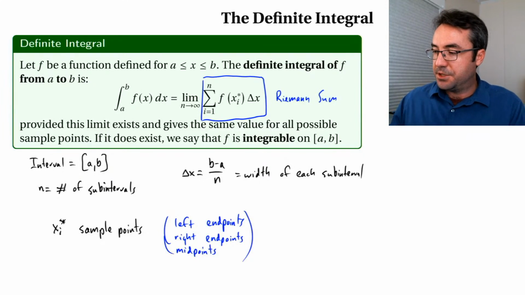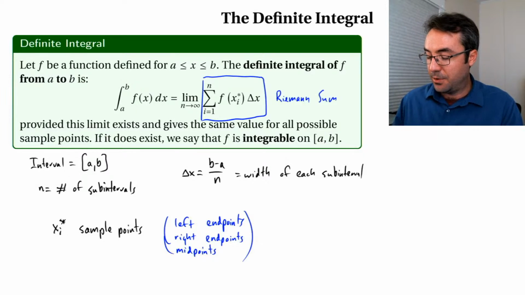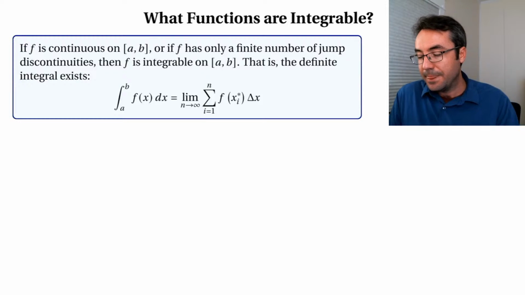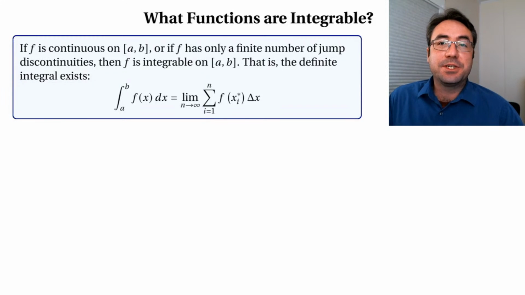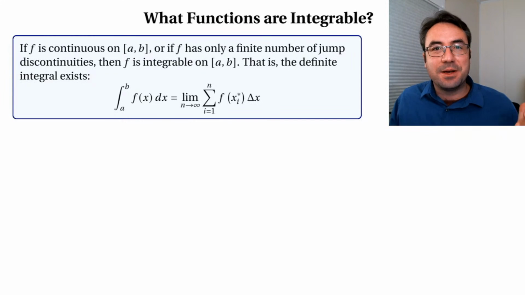All right, so let's just work with this definition a little bit because there's a lot going on here. And the first question is, well, this seems complicated. And it is. So calculating the limit of a Riemann sum as the number of subintervals increases is a very tricky thing to do.